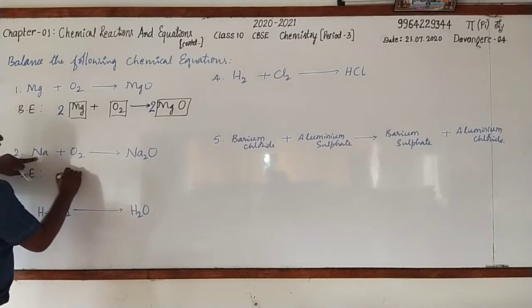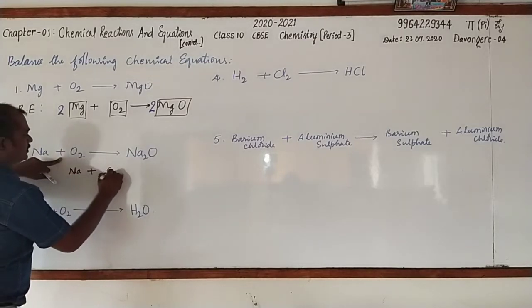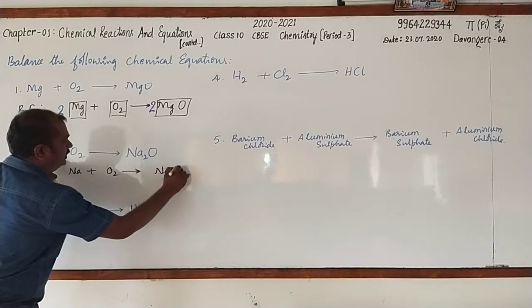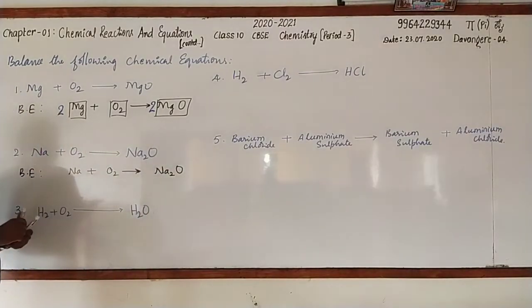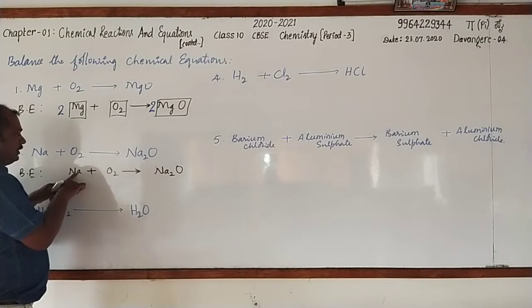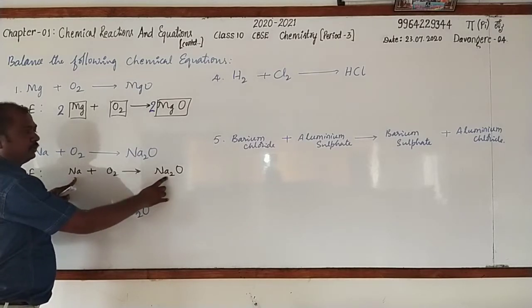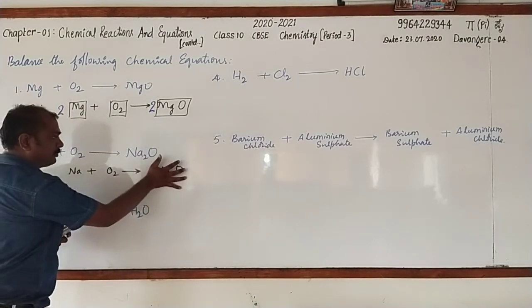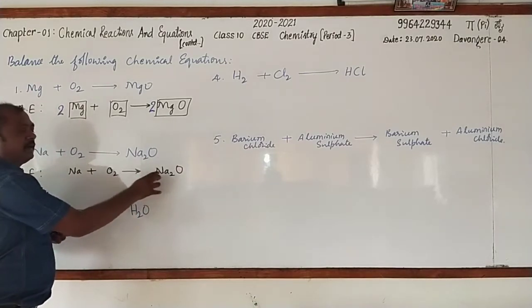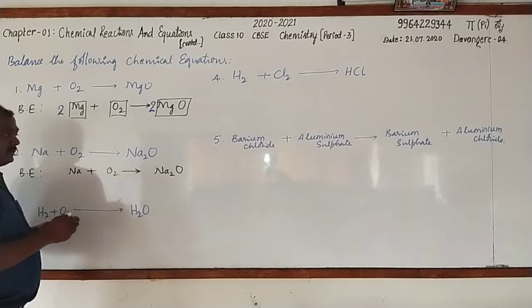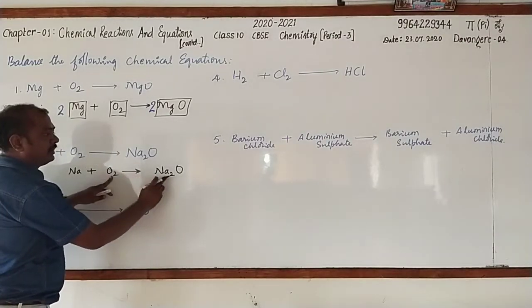Balance the equation: sodium plus oxygen gives rise to sodium oxide, Na2O. Yes. How do you go for balancing it? Look here. Here sodium is there, only 1 atom. Here 2. Oxygen 2, here is 1. And this compound has the maximum number of atoms, hence first we shall balance it.